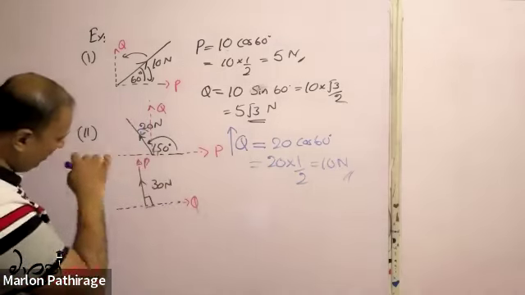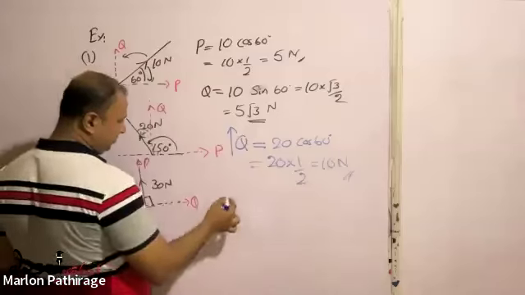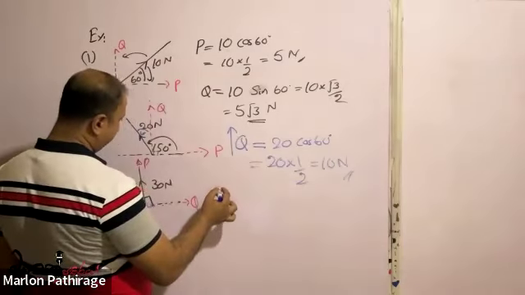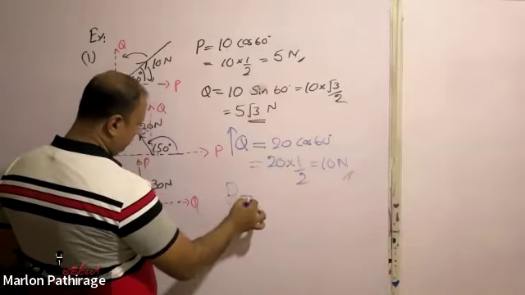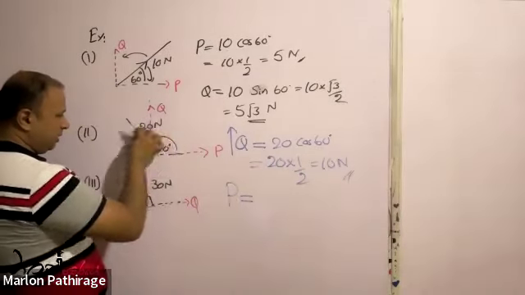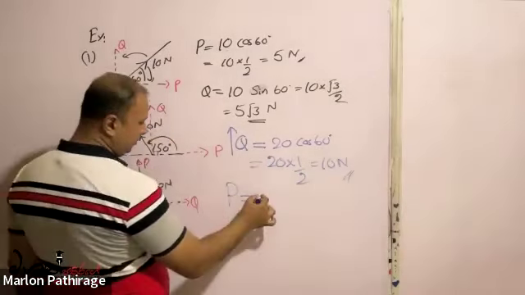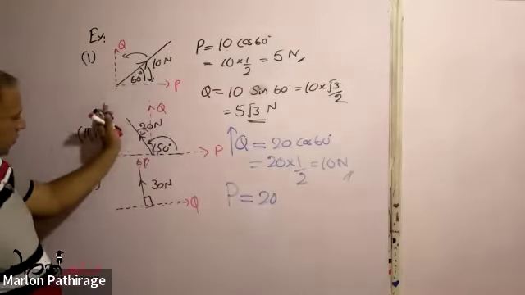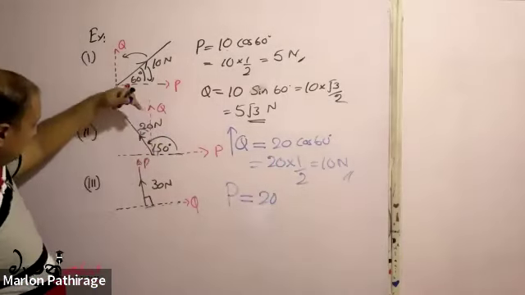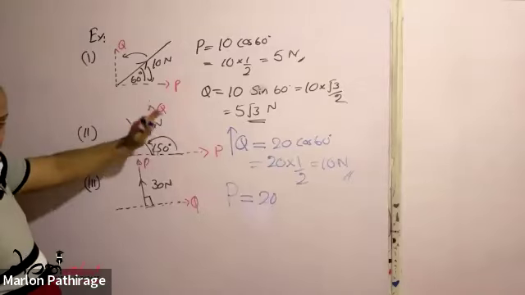And therefore, I can write P is equal to 20 times, you know, this one is sine 60 and this one is cos 60.